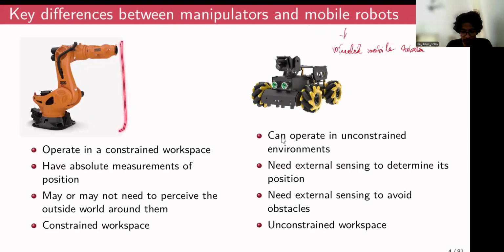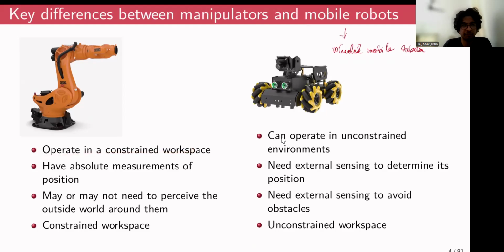But then, just to have a very clear idea of the distinction between manipulators and wheeled mobile robots, we'll go through a few key points. The main distinction is that manipulators operate in a constrained workspace.